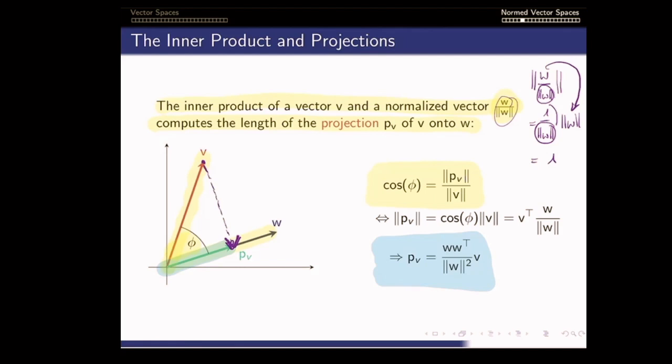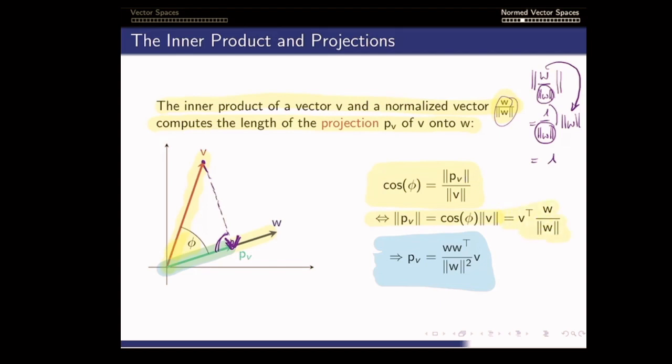This is just the definition of the cosine in a triangle with a 90 degree angle. Then we transform this equation: we multiply with the norm of v, and we get that the length of this projection vector PV is equal to the cosine of phi times the norm of v. And then we insert the definition of the cosine given by the inner product, and we arrive at this term here.